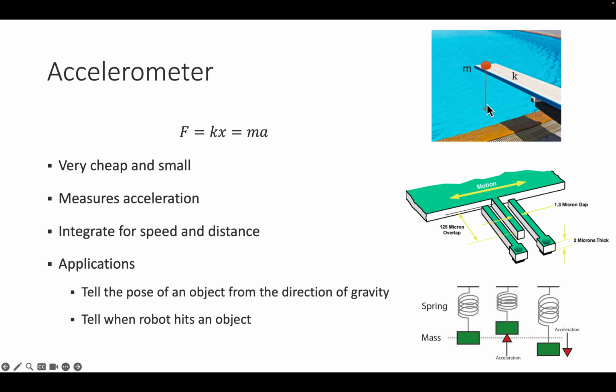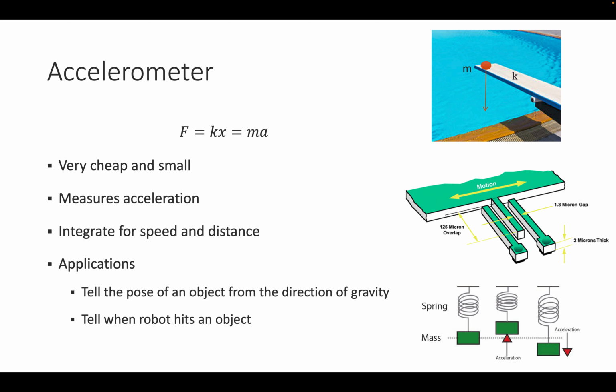We also know from Newton's law that the force that you need to move something is the mass times the acceleration. Now, when you consider this scenario here, we do have an acceleration that is working on the mass at the tip, which is gravity. It's 9.81 meters per second squared.